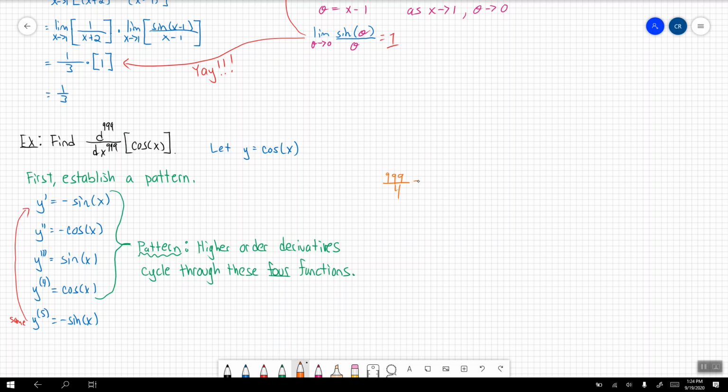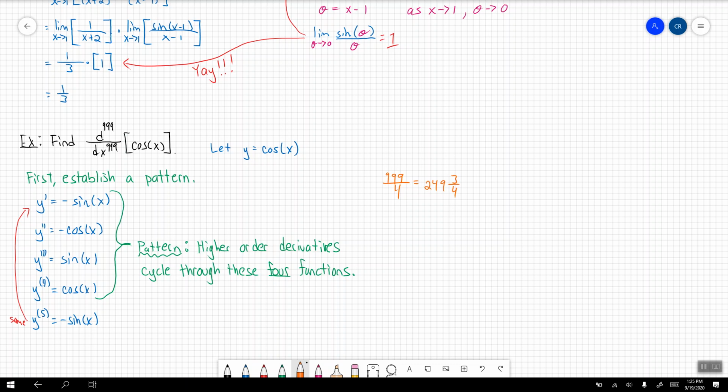Converting this into a mixed number, 4 goes into 999 249 times, with 3/4 left over. So 249 and 3/4 means 4 goes into 999 249 times, with a remainder of 3.